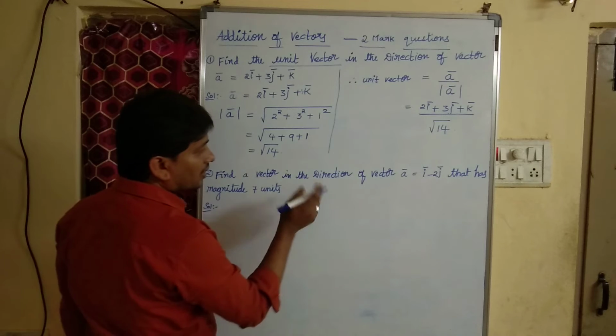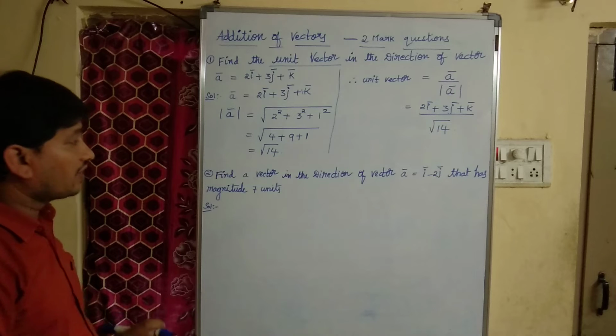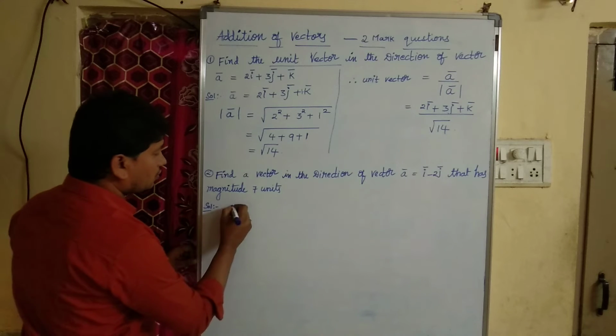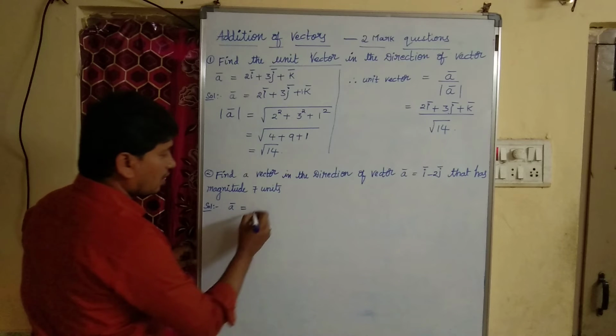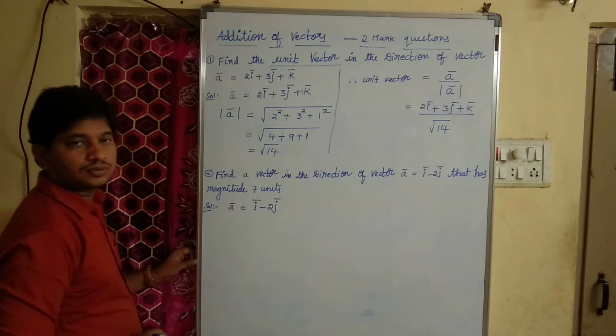Find a vector in the direction of vector a bar that has magnitude 7 units. In the same manner, given vector a bar equal to i bar minus 2j bar.